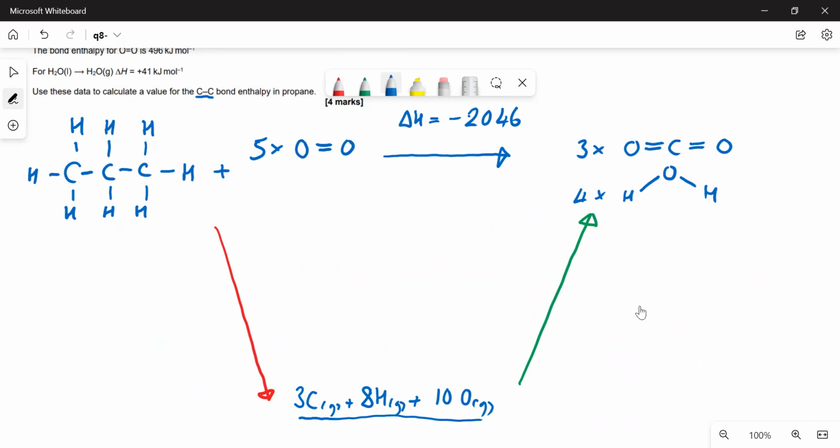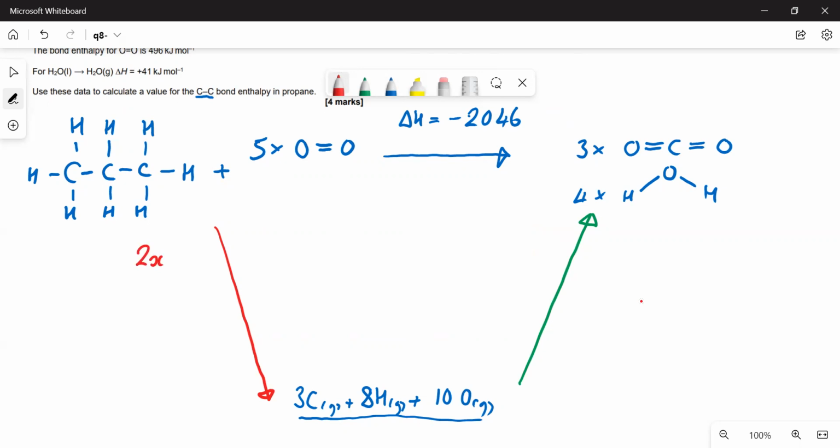On the red arrow, we're going to be breaking bonds, and so that is going to be endothermic, so these are going to be positive values. What bonds are we breaking? Well, we're breaking two carbon-carbon bonds, and that's what we've got to find out. So let's call that X. That's 2X.